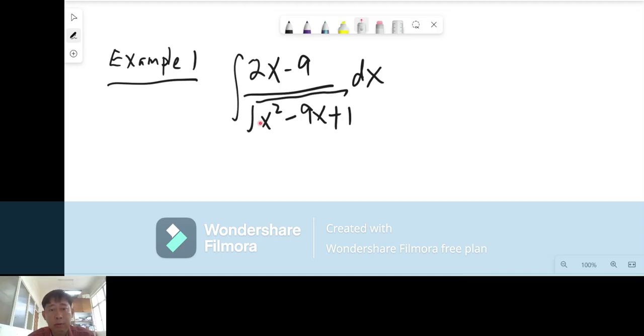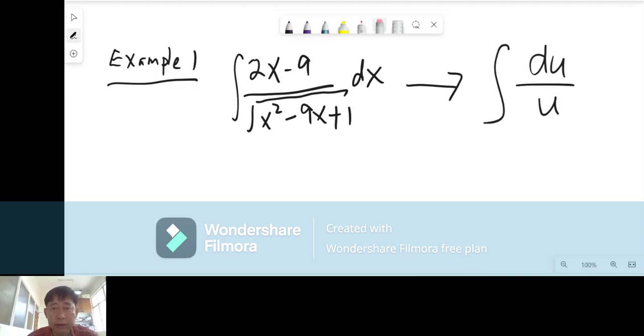So you want to make a choice of substitution such that when you take the derivative of the argument in the square root of the denominator function, it will return you the expression of the numerator function. When that is done, then you'll be able to translate this integration into the form of du over u.